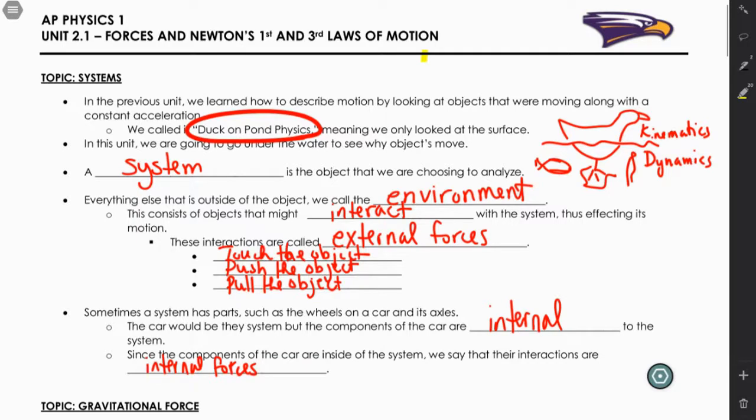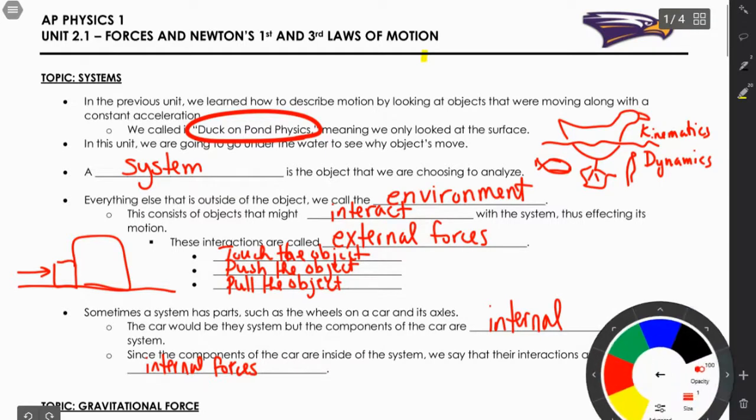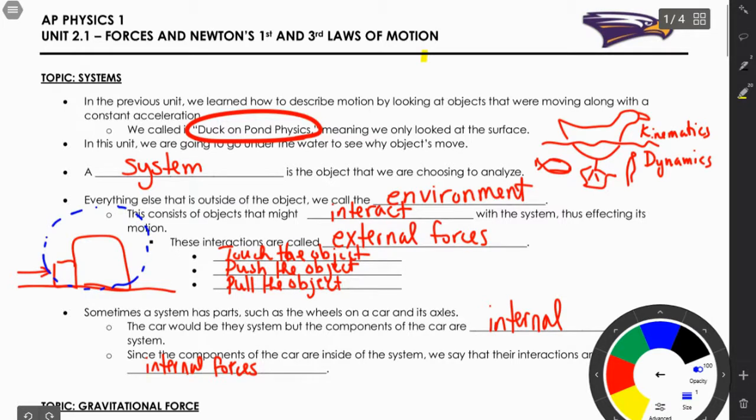So if I have two blocks that are touching each other, and I'm going to push one of the blocks, I'm going to call my system the two blocks. So if I draw a dotted line around my system, my system has block 1 and block 2 inside of it.